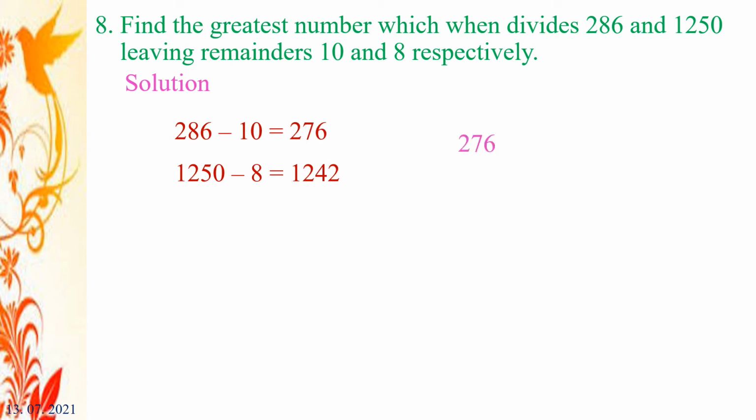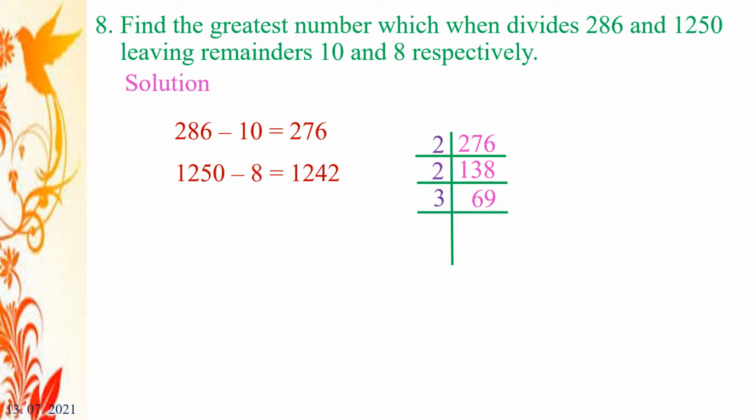First we are going to find the factors of 276. Is it divisible by 2? Yes, because that is an even number, so we'll get 138. 138 is also an even number, so it is divisible by 2. So we'll get 69. So 69 is an odd number, so let us take the next prime number, that is 3.